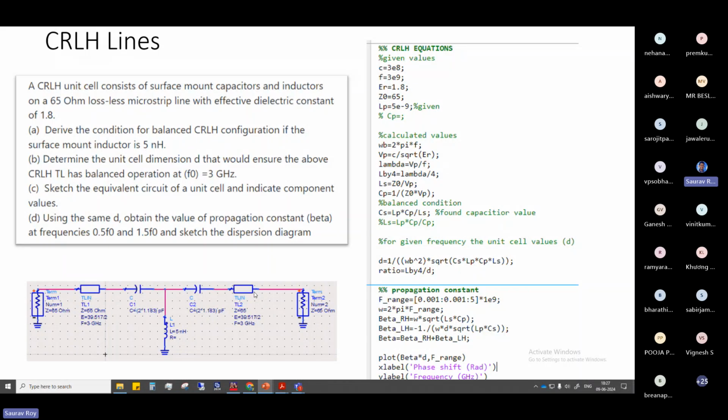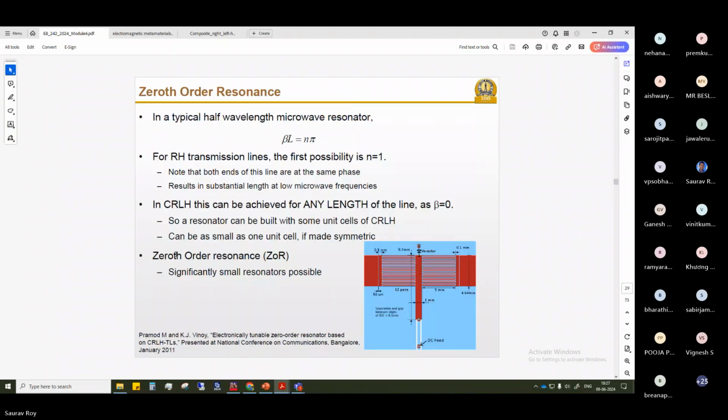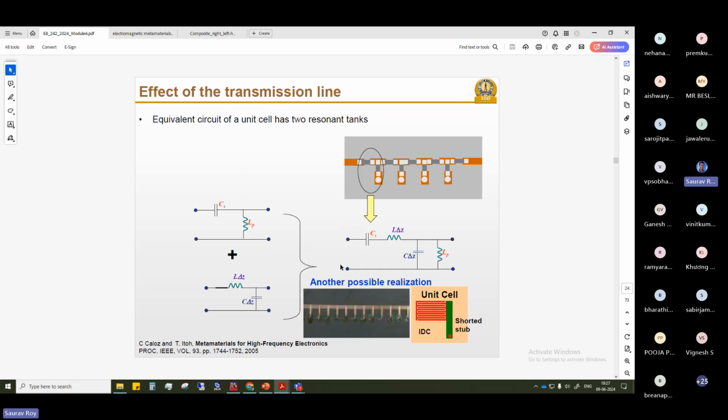That is found out through this equation, and this comes from, if you remember, this equation. If you know all this, you have to remember that the capacitors and inductors, which are already there for a right-handed material, have to be normalized with delta z.